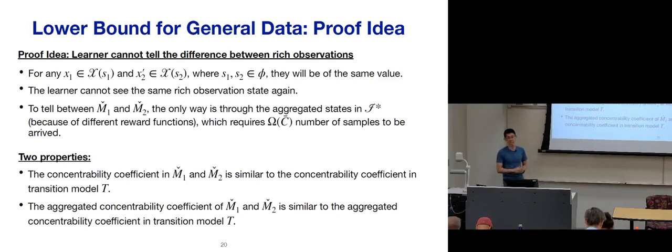Because one obvious aggregation you can do is aggregate each state by itself. So that's a way that you can arrive at the original, standard considerability coefficient. This is for both the upper bound and lower bound.